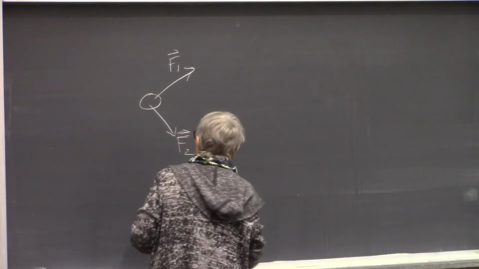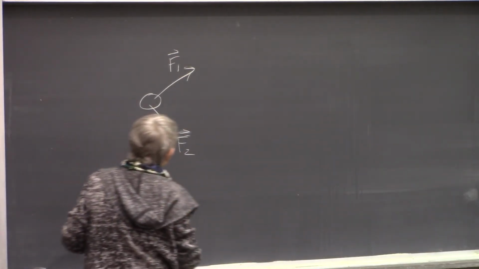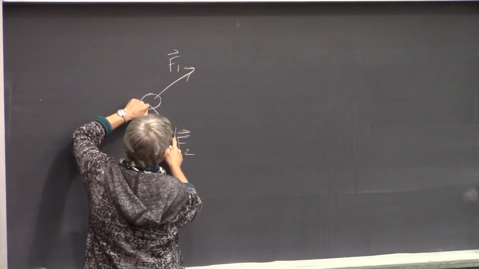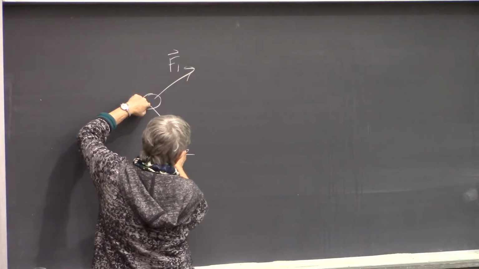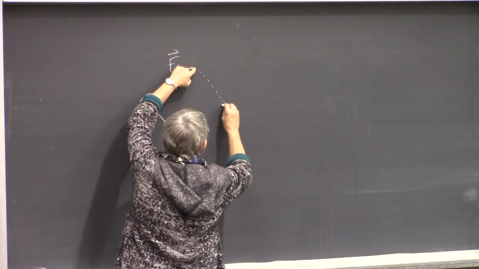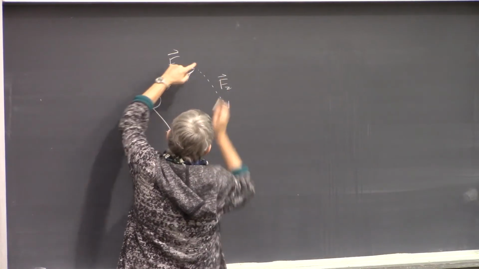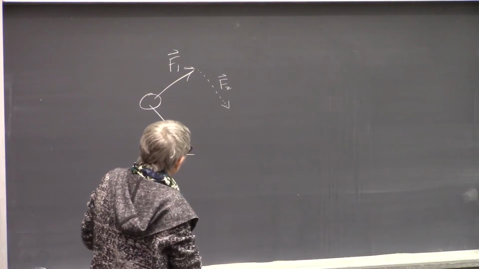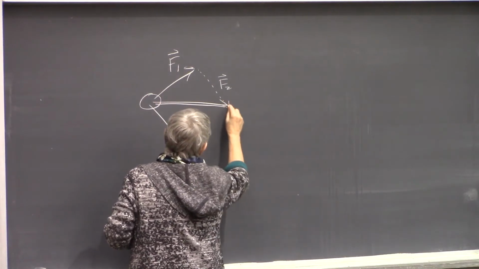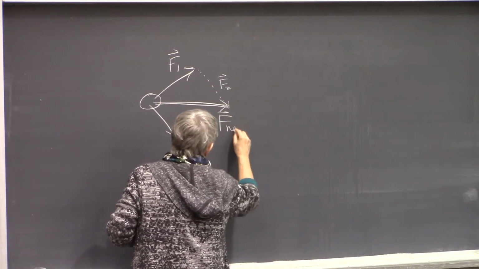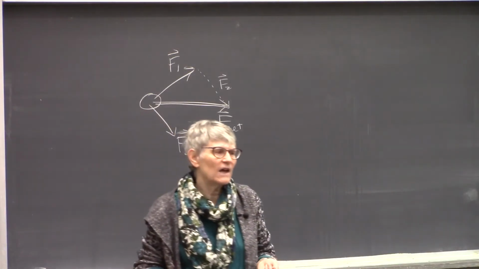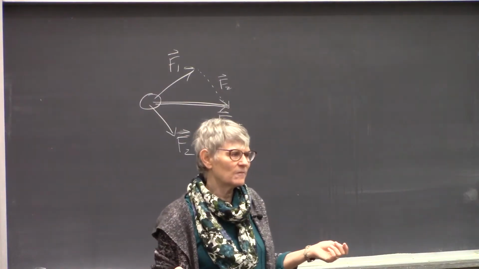So to add them graphically, we put the tail of the second vector at the tip of the first vector. So basically, we want to move F2, redraw it here. And then the sum is the vector from the tail of the first vector to the tip of the second vector. And if we had 3 forces, we'd just add the third in.